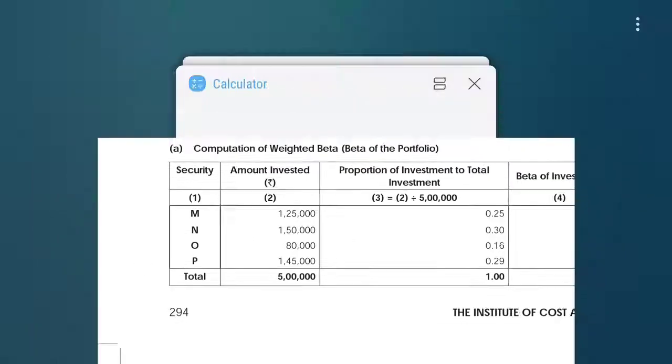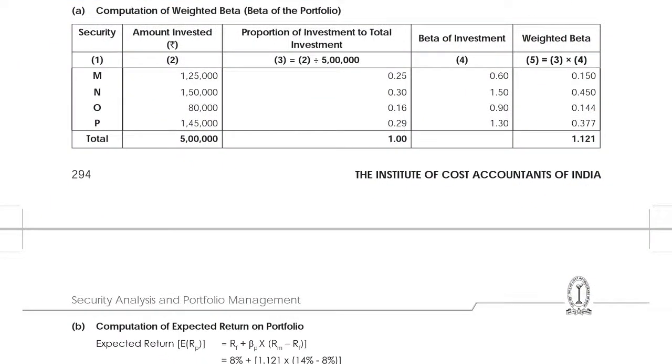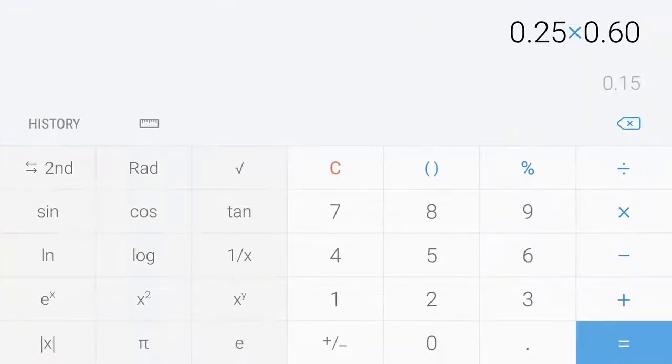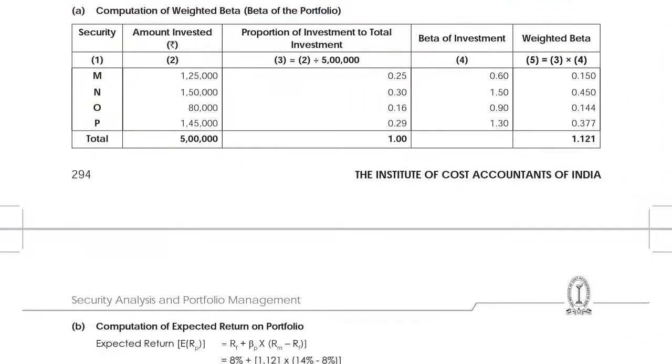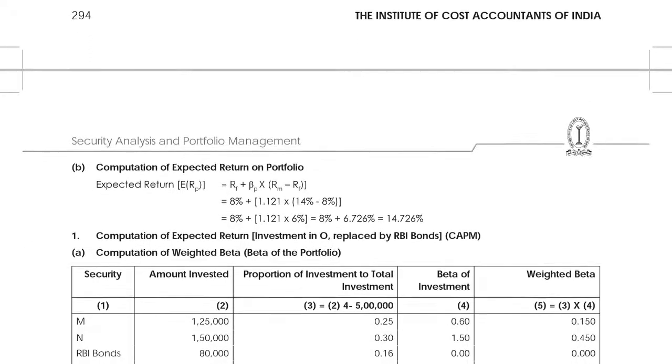When we come to 0.16 into 0.90, here we get a 3-digit number, 0.144. That is why we have written 3 digits after the point. So 3 decimal numbers we have written: 0.150, 0.450, 0.144 and 0.377. So total weighted beta becomes 1.121.